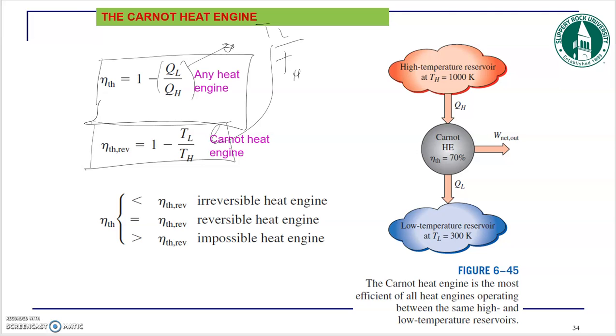If you have a heat engine operating between a high temperature source and a low temperature sink and it's irreversible, the efficiency is always less than this. If you have a reversible one operating between those two temperatures, then it's equal to any other reversible heat engine operating between the same temperatures. And if you have an efficiency higher than that of the reversible process, then that's an impossible heat engine. You cannot have such a heat engine working.